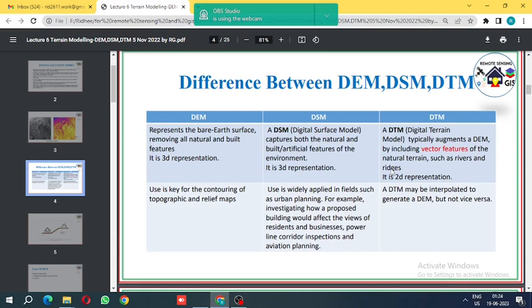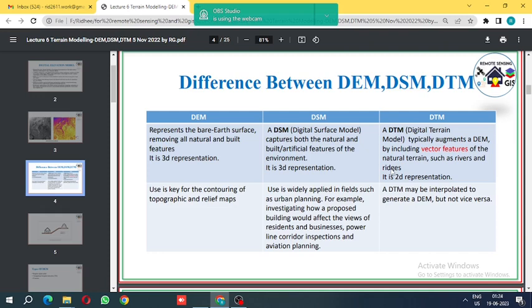In case of DEM, it represents the bare earth surface. What does bare earth surface mean? Our earth surface consists of all trees, we have build-ups, we have all those things, right?